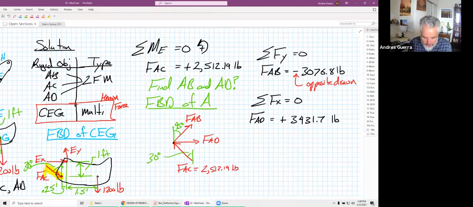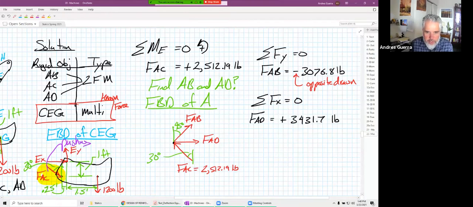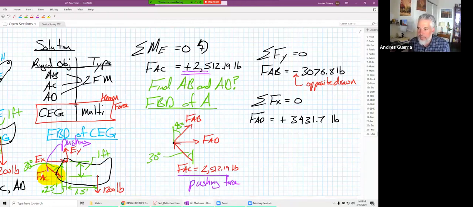And then just to reiterate also, the FAC over here shows up in this FBD as a pushing force. We found a positive number for it, so it means it's going in that direction. So then I drew it over here also as a pushing force. We've got to watch those when we're going from one FBD to the next FBD, that they're going to go in opposite directions.